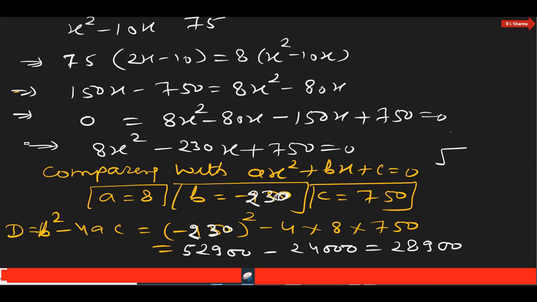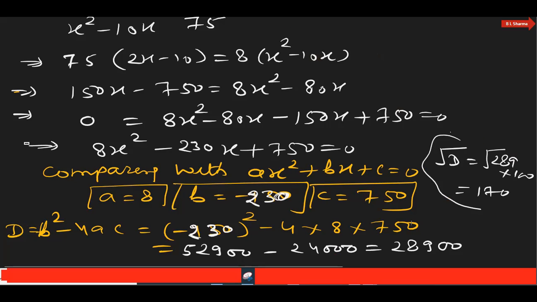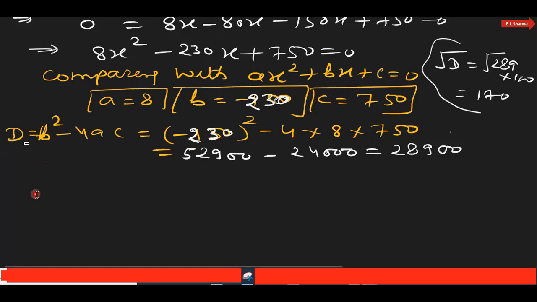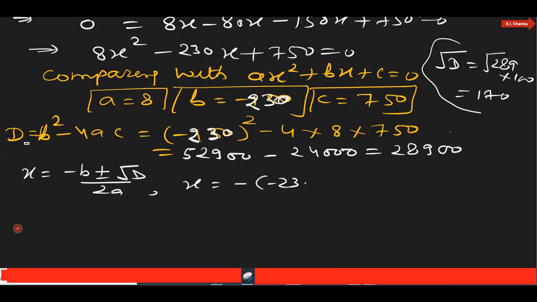So square root of d is given by 289 into 100, that will be 170. 17 squared is 289. Now using quadratic formula, x is equal to minus b plus minus square root of d upon 2a. We have minus 230 plus minus 170 upon 2 into 8.